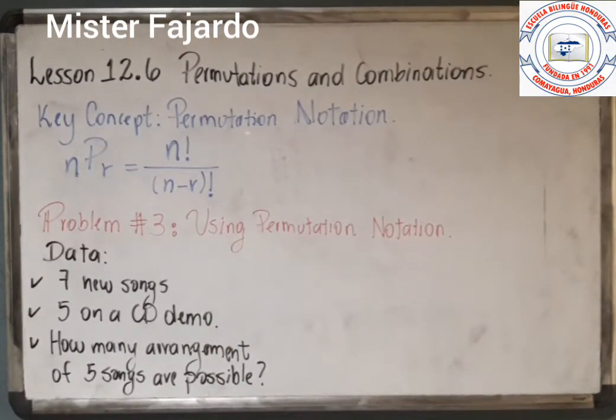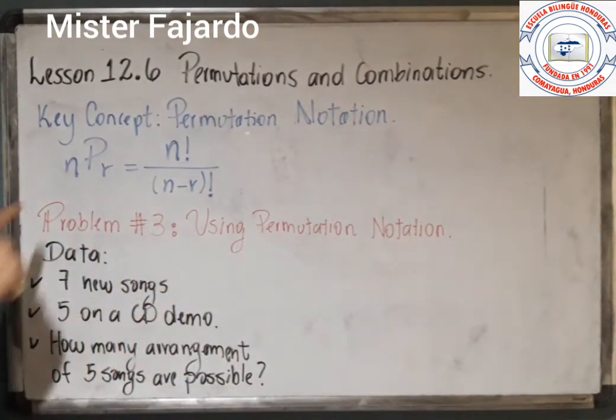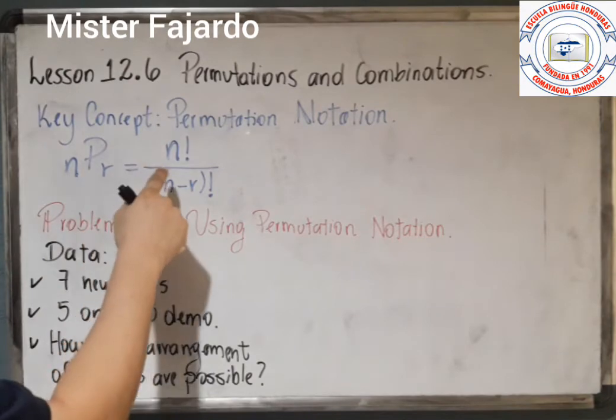Now we are going to see the concept of permutation notation, which is really important for us, okay? In this case, the key concept is permutation notation: nPr equals n factorial divided by n minus r factorial.